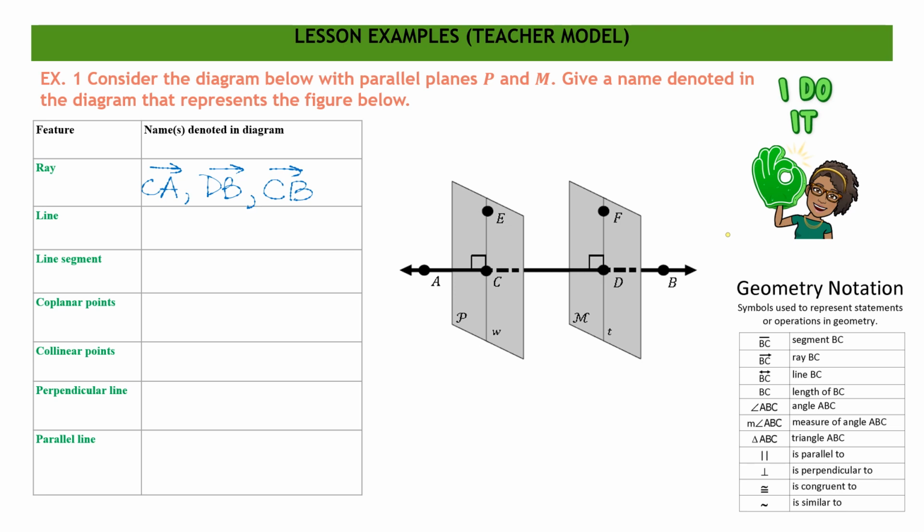And let's look at the next feature, which is a line. As you can see over here in our geometric notation, we have a notation for a line. So remember, a line goes in opposite directions infinitely. I have a couple of examples of a line here in this diagram. I can name this line AB.